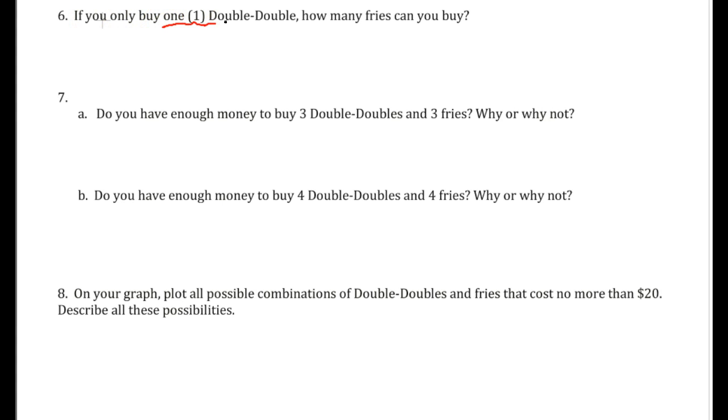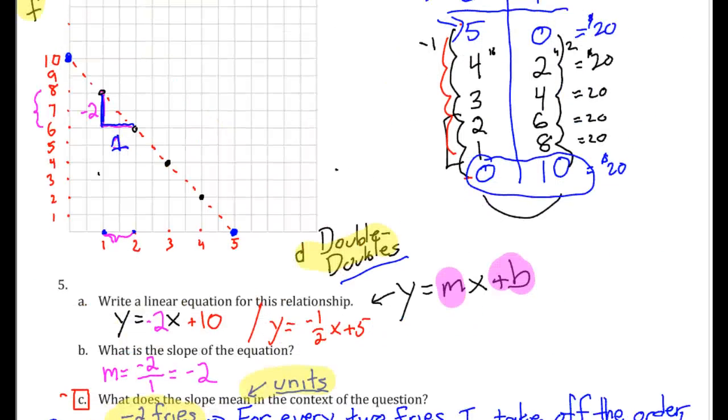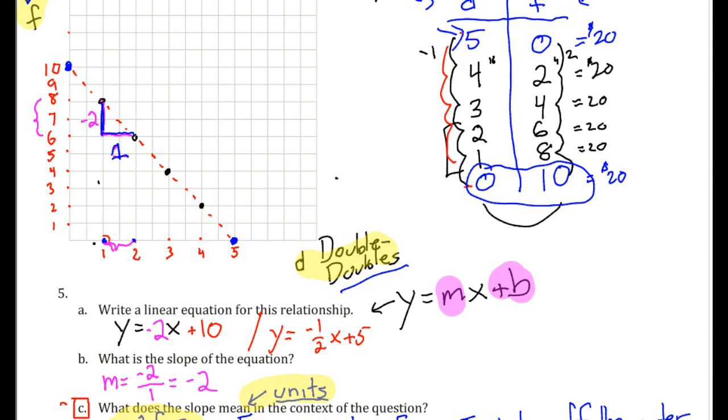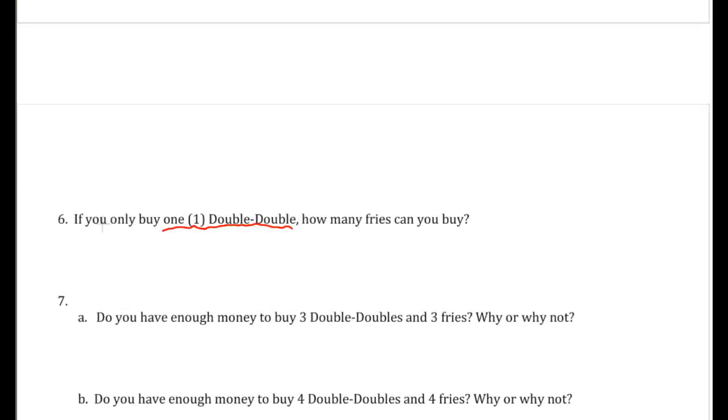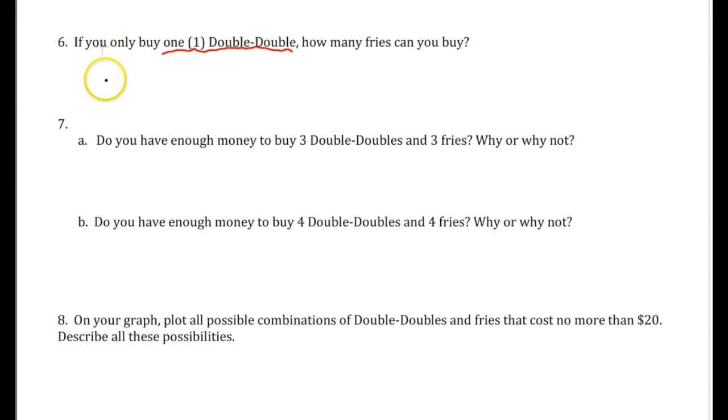If you buy one double-double, how many fries could you buy? And if you look at it, okay, one double-double, I can get 8 orders of fries. I don't have to do any calculation. I know one double-double gets me 8 orders of fries just by using a graph. Okay, so write that out. Okay, I could buy 8 orders of fries.